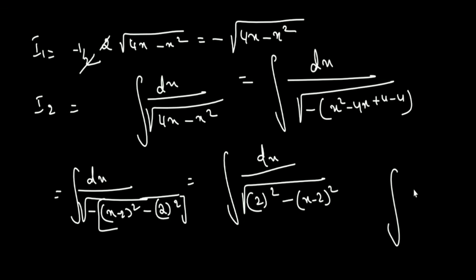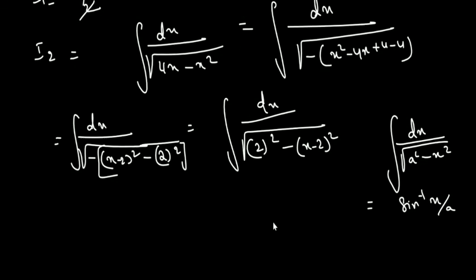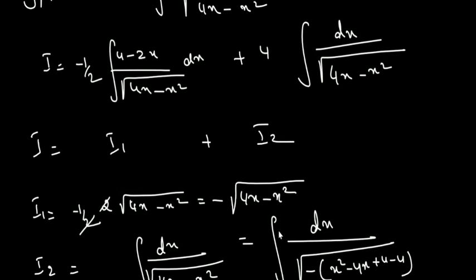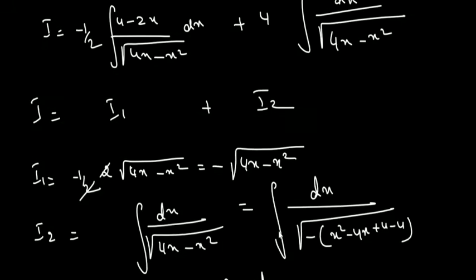So this is the form dx by root of a square minus x square, the constant first. That is nothing but sine inverse x by a. So this is sine inverse of (x minus 2) by 2. In I2, there is one 4 here, remember that.